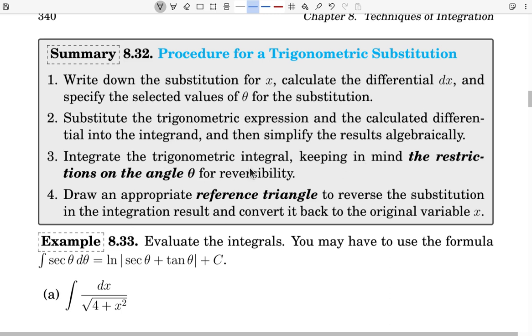After integration, keep in mind that we have to restrict the angle for reversibility. Always a substitution must be made in a one-to-one manner. If it is not reversible, then the substitution is wrong. And at the last moment, try to draw an appropriate reference triangle to reverse the substitution.